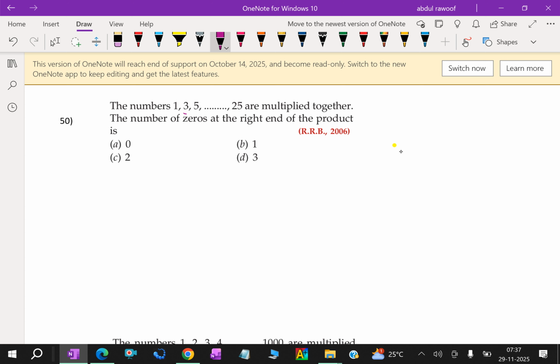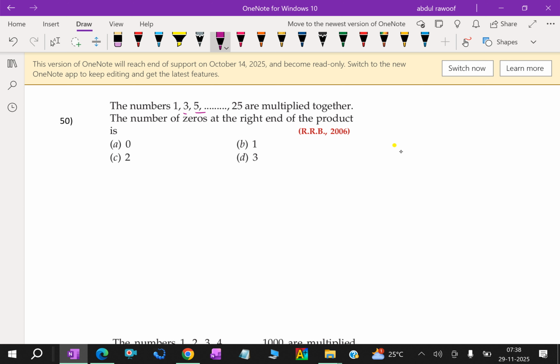Clearly, 2 and 5 together yield 0, because the multiples of 2 and 5 together yield 0. Since the product of odd numbers contains no power of 2, the product does not end with 0 at the unit place.